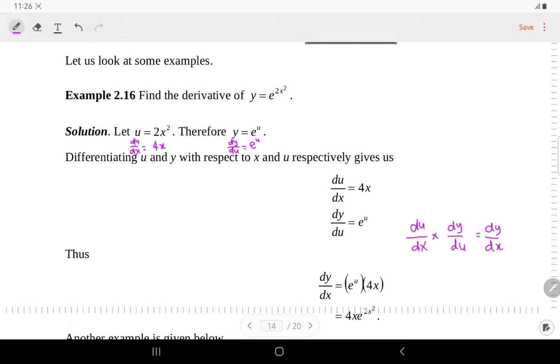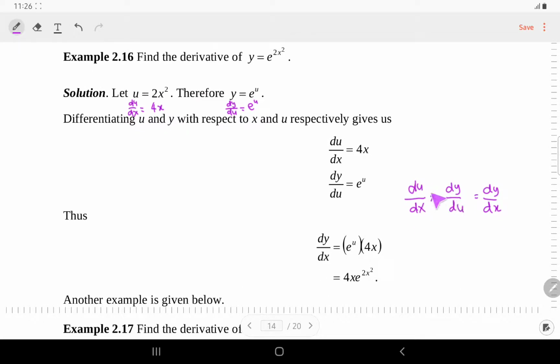So our du over dx is 4x, and we multiply with dy over du, which is e power of u. And then change back u into 2x squared. So we will get 4x e power of 2x squared. That's the final answer.